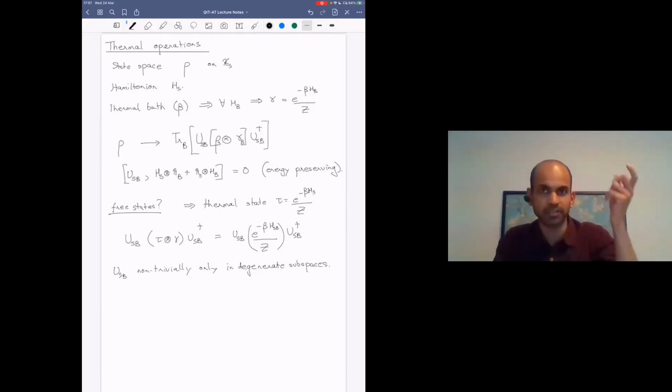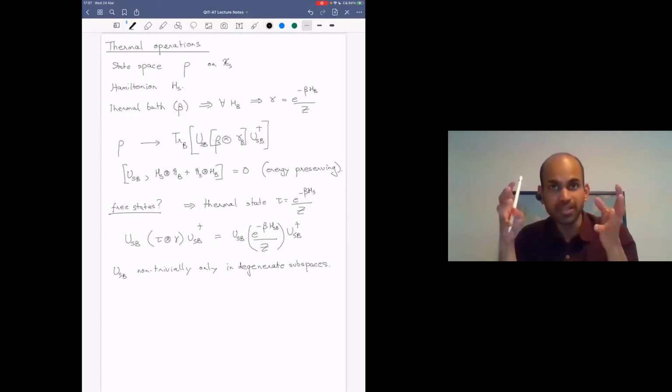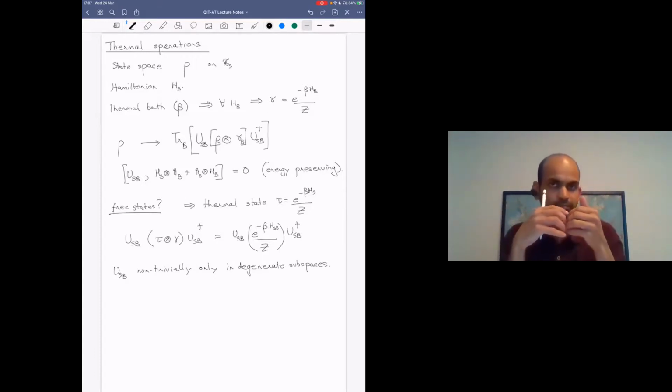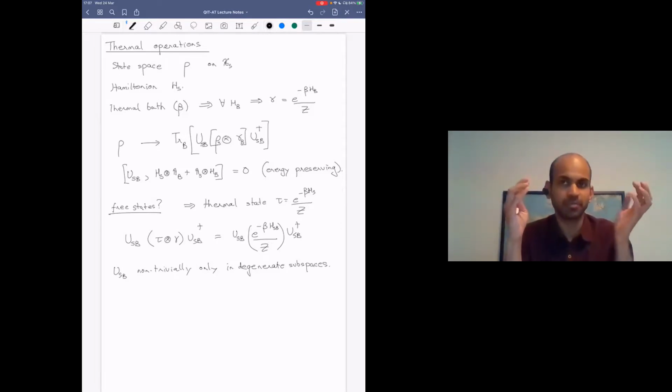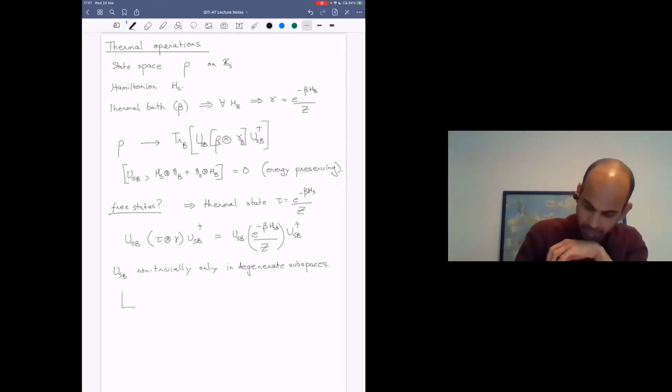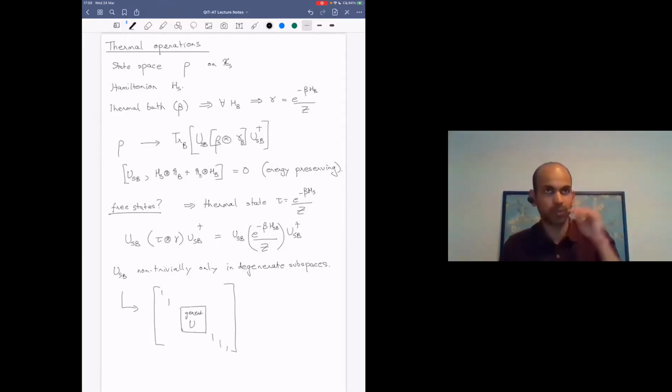It can add a global phase to that state, but it cannot actually shift populations from that state to any other state. So it's block diagonal. Within a degenerate subspace, the unitary can be as general as you like. So in some sense, you get a form of the unitary that you can reduce to 1, 1, and so forth. Then within some block, you have a completely general reduced unitary, 1, 1, and so forth. So within degenerate blocks, it can do anything.